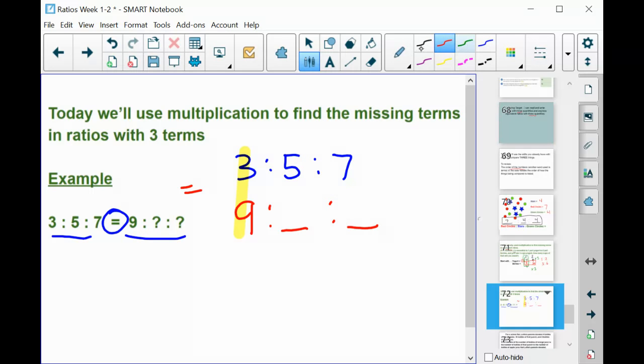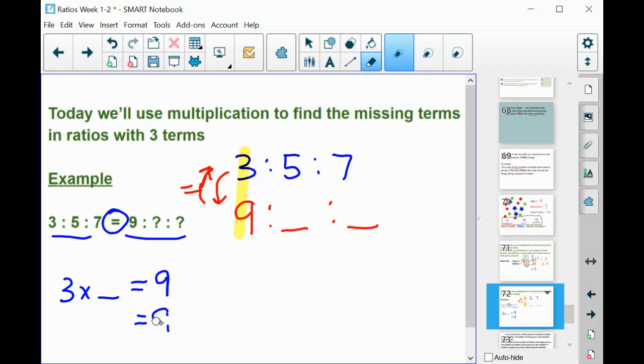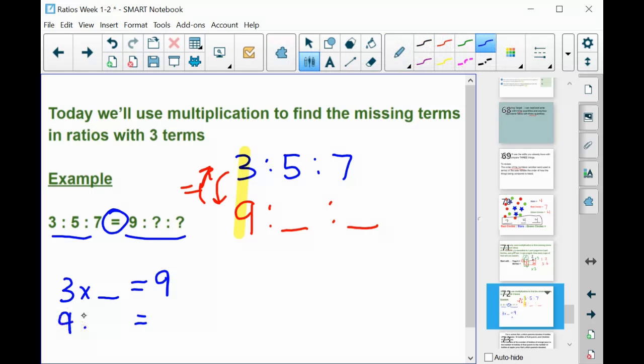So ask yourself right now, what is the relationship between 3 and 9? And we know you can go both ways. It just depends on if you want to think about multiplication or division. So here's what's going on here. We're trying to figure out what times 3 equals 9, or if you want to think about that using division, 9 divided by something equals 3, or 9 divided by 3 equals something.